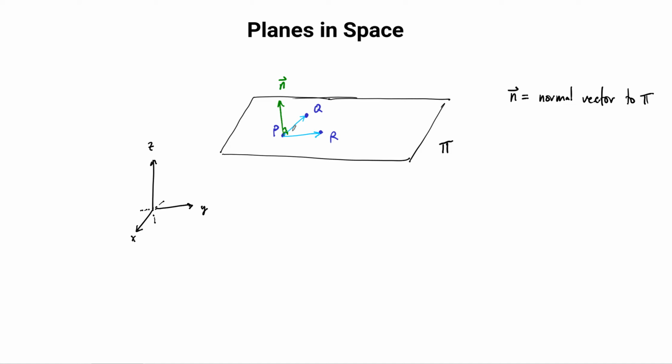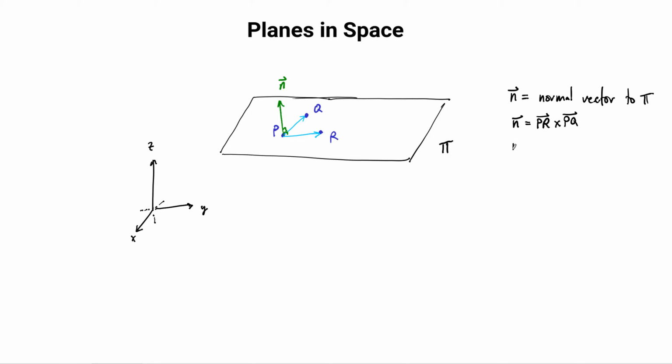We might need this later. We're not going to worry about how we built it in this case, we're just going to always assume we have it. One way to get it is to take the cross product. The way I've taken the cross product here is the vector PR crossed with PQ, where P, Q, and R are all points in the plane. Okay, so there's our normal vector.